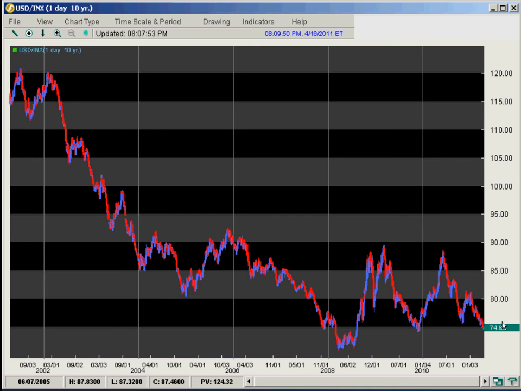Two, this is a reversal and we're moving higher. And three, which is somewhat in the same category as number one, what's slightly different is that this is a correction and we're going to move higher from here before we again resume the downtrend.